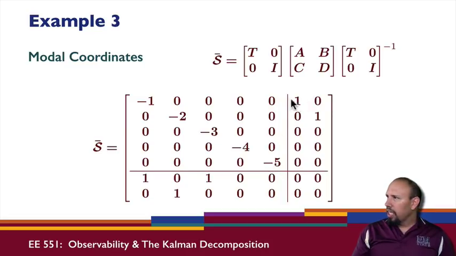For controllability, every row of 0 is an uncontrollable mode. So this one is controllable, this one is controllable. These 3 are not controllable. All that's left in our transfer function is exactly those 2 eigenvalues, those 2 poles.